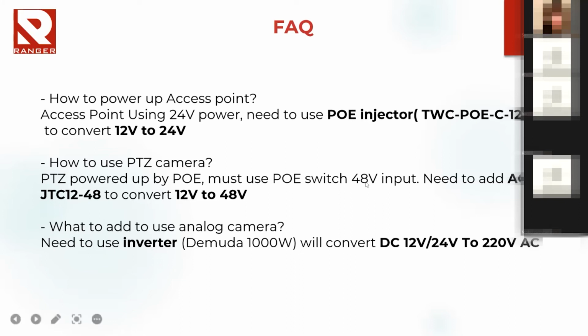So you need to convert from 12 volt to 48 volt, and must add a converter, which is the AC JTC 12 to 48 volt. Okay, if the customer wants to use an analog camera, you need to add an inverter, which is in the previous slide that I showed, which converts 12 volt or 24 volt to 220 volt AC.